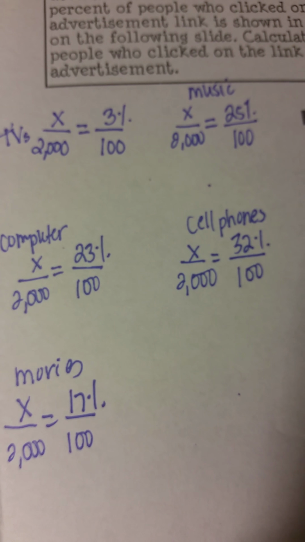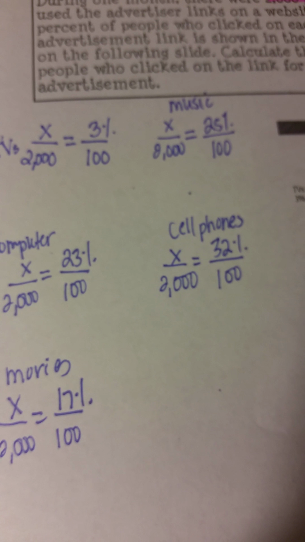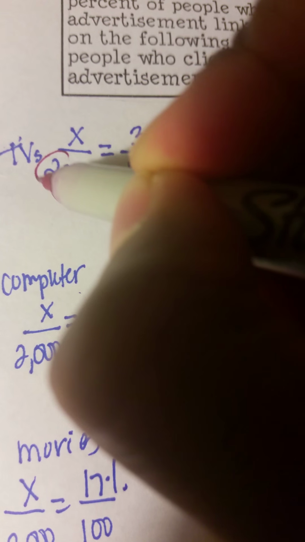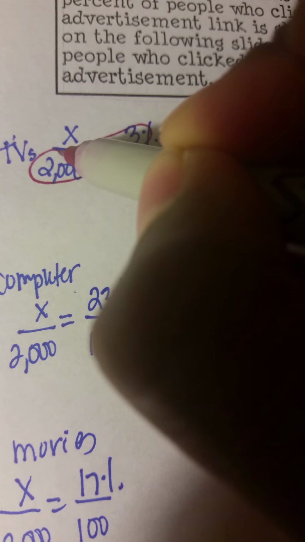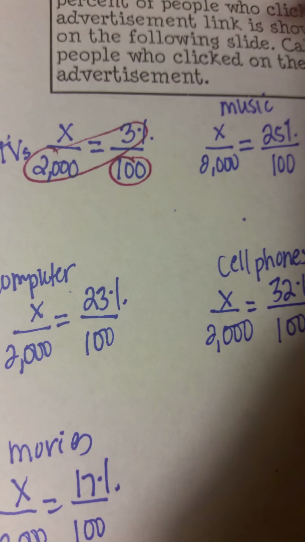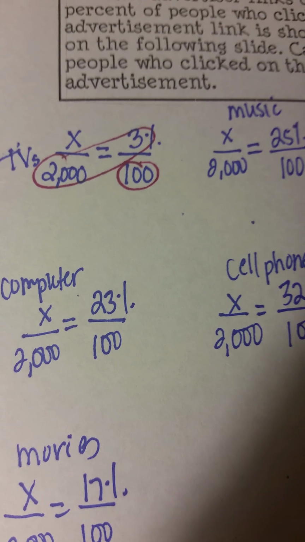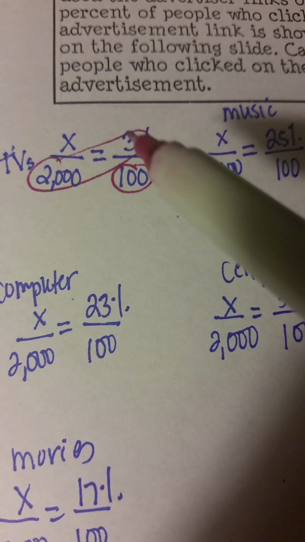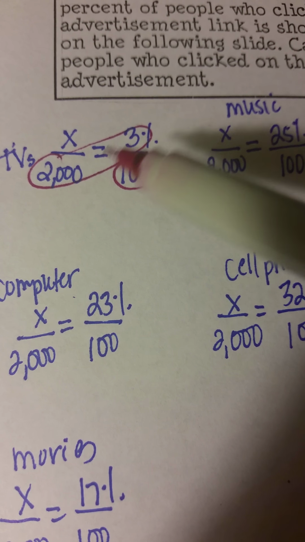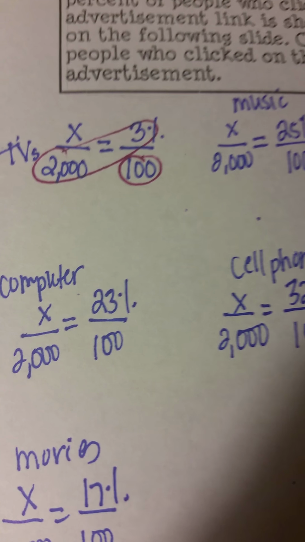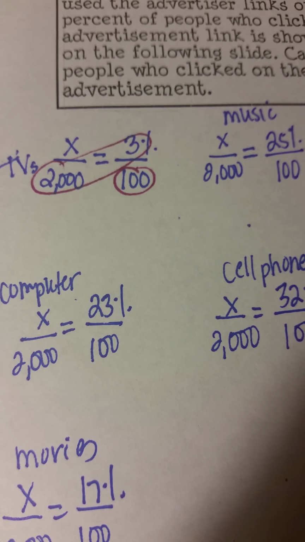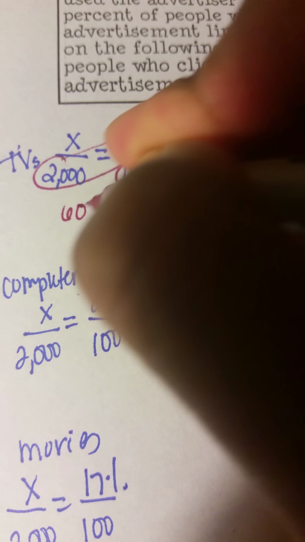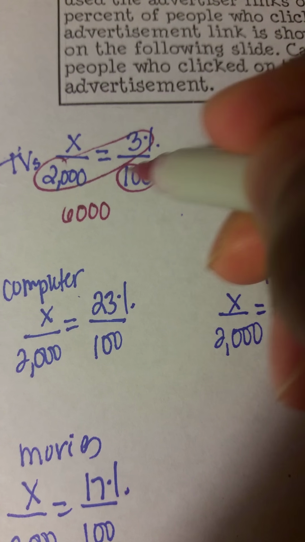Okay, so now you're just solving a regular proportion: you would cross multiply here and then divide by 100. And it's easy. When we did this before, looking for the part is the easiest thing to do, because when I find out what 2,000 times 3 is, which is 6,000, all I have to do is divide by 100.